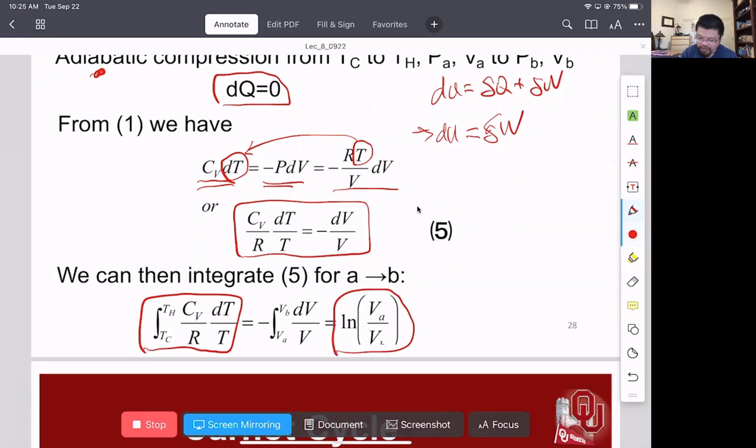So moving from TC to TH, that is A to B. Now if we are looking at this C to D, we have TH coming back to TC. So that is the equation we derive for the A to B process.